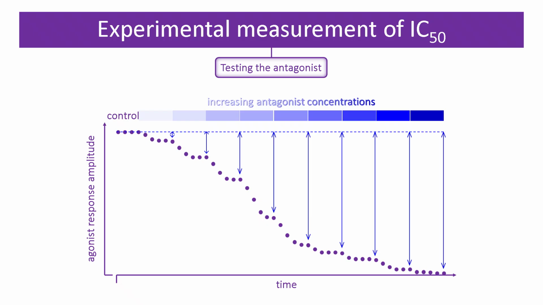However, the concentration producing 50% inhibition cannot be read directly from this plot, as it lies between two tested concentrations. These data therefore form the basis for constructing an inhibition curve, from which the IC₅₀ can be determined and antagonist potency quantified.